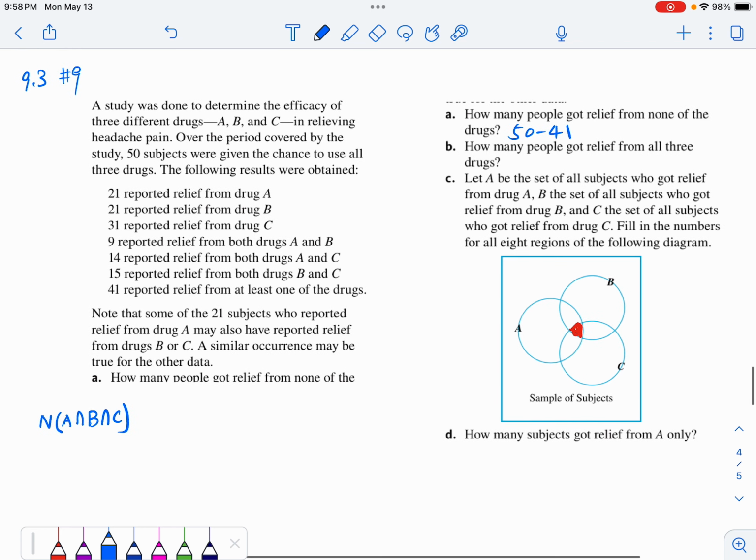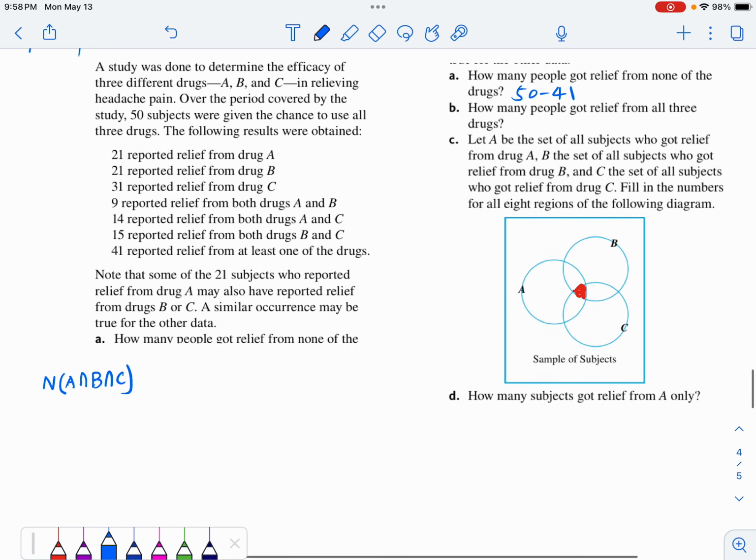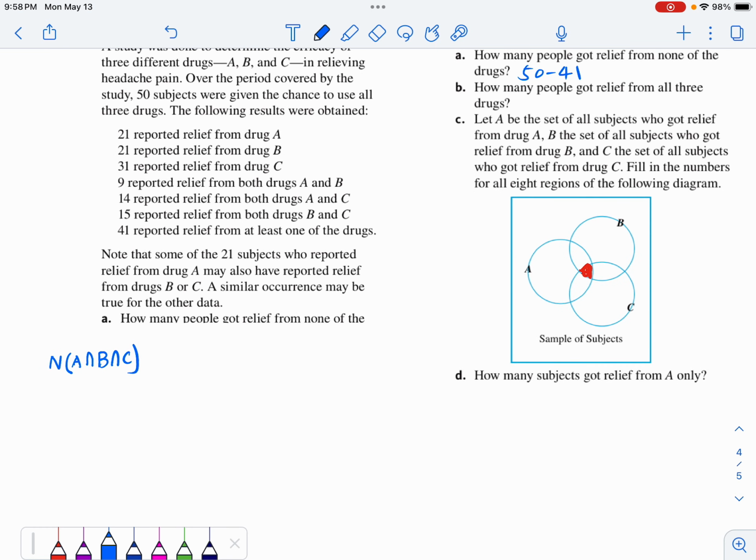Now, I do want to remind you that in our book, Theorem 9.3.3, the inclusion-exclusion rule for 2 or 3 sets, tells us how to find the number of elements in the union of A or B or C, which is you add all these 3 circles together, but there are some areas that you counted multiple times.